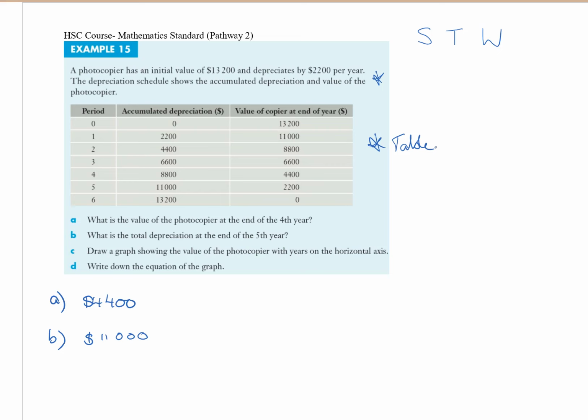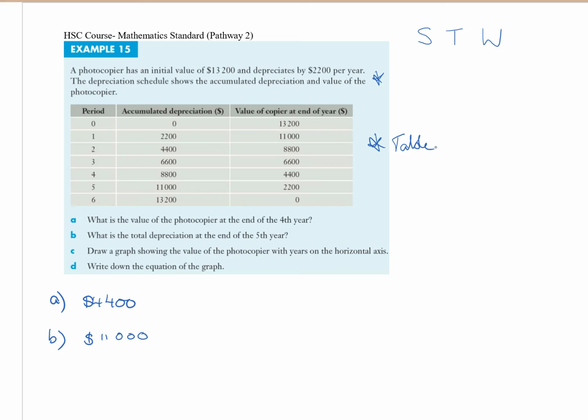So you might be thinking, I don't know what accumulated depreciation means, but hopefully you do have some understanding of the word accumulate. And to accumulate means to build up. So each year we add on another amount of depreciation, and over extended time, you've accumulated a lot of depreciation.